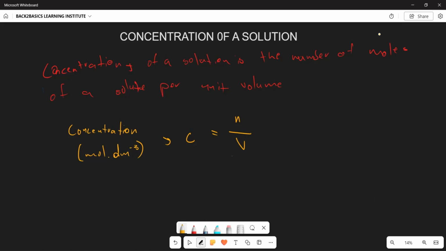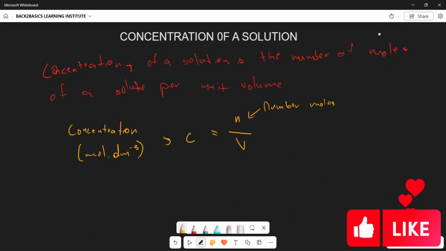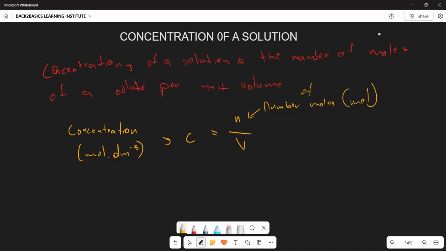While the n is a representation of the number of moles of your particular solute, and the number of moles is measured in moles, right?